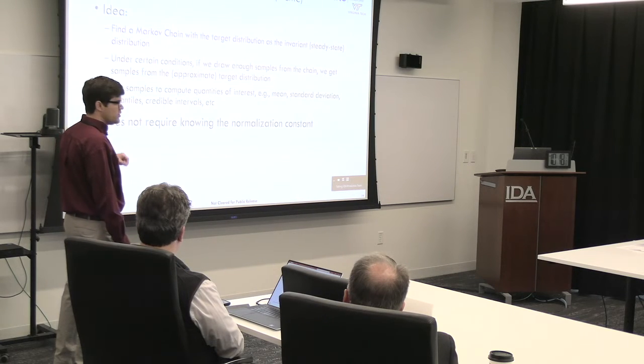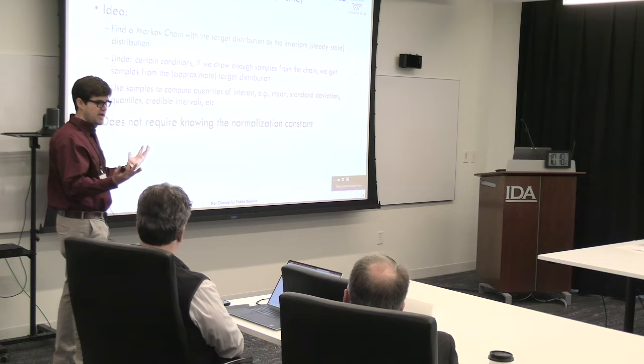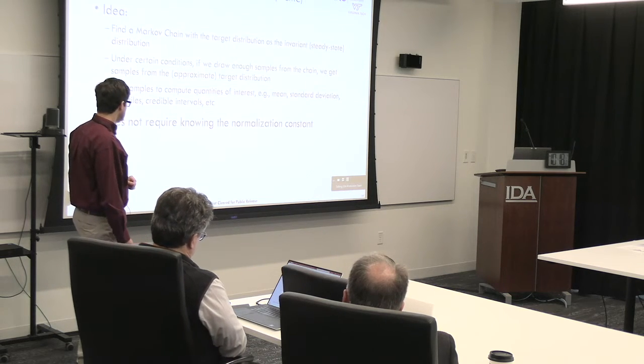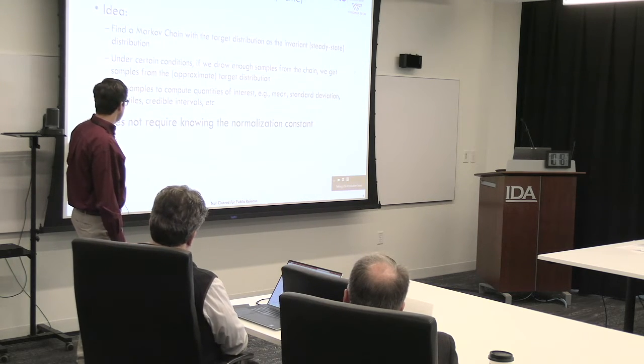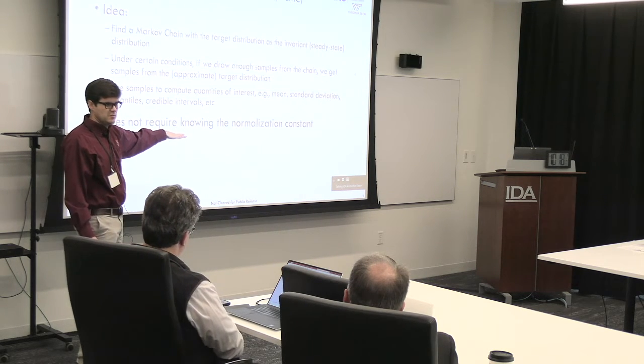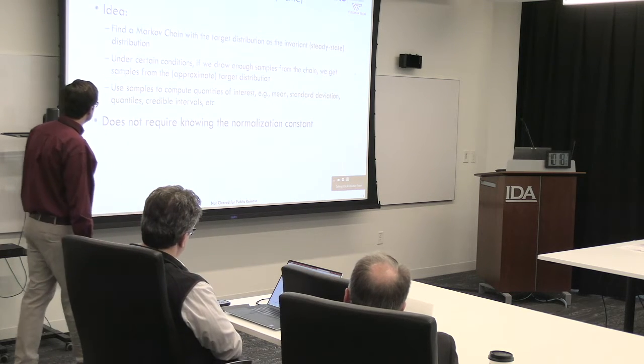Then we have a collection of samples from the posterior that we can use to estimate whatever quantities of interest we want. One key thing is that this doesn't require knowing the normalization constant, because it's just a constant. It doesn't depend on beta.